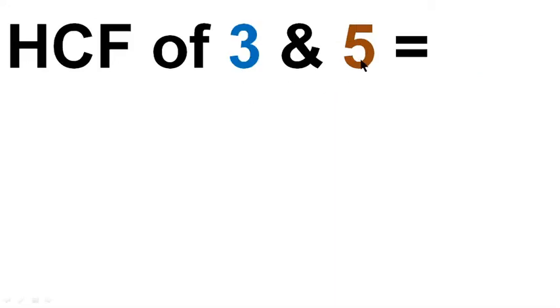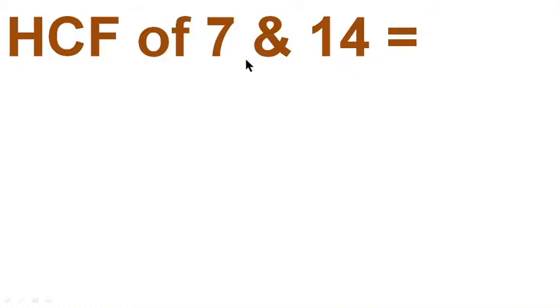Between 3 and 5, the smaller is 3, but 5 is not divisible by 3, so we will take 2 or smaller than 3, and it is 2. If we divide 5 by 2, we cannot divide, so we will take 1 as our highest common factor, because 5 is divisible by 1. Between 7 and 14, 7 is smaller, and 14 is also divisible by 7, so our highest common factor is 7.